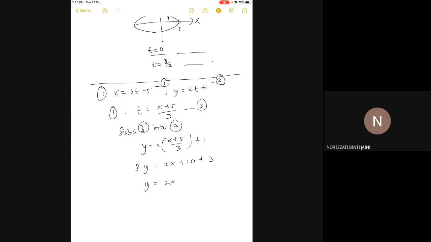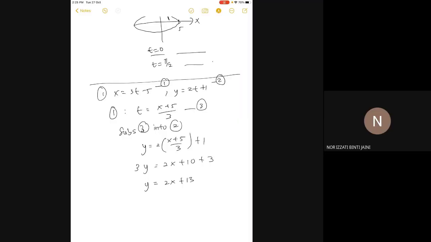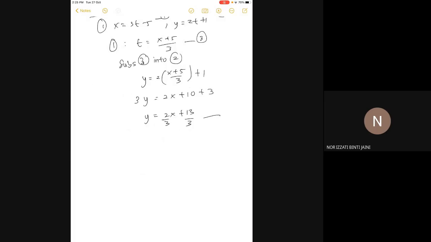Okay. Kenapa saya buat macam ni? Senang sebab kalau bentuk macam ni you boleh nampak di gradient. Now the gradient is positive. So bila positif, straight line ni dia akan naik atas lah. Dia dua je kalau straight line ni. Gradient positif atau gradient negatif. Sama ada dia positif naik atas ataupun gradient negatif dia akan turun ke bawah. And then this is the y-intercept.